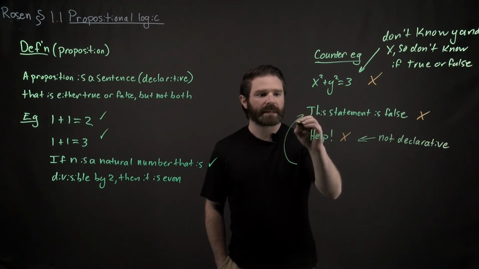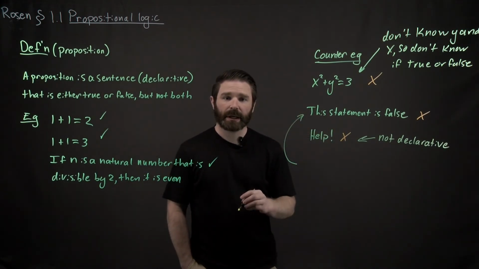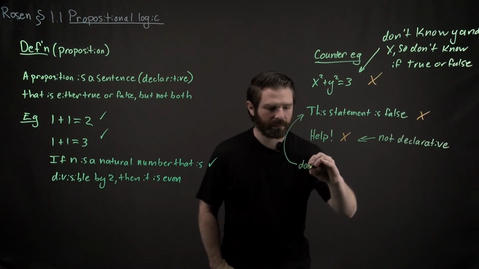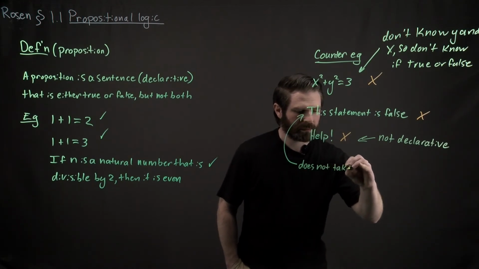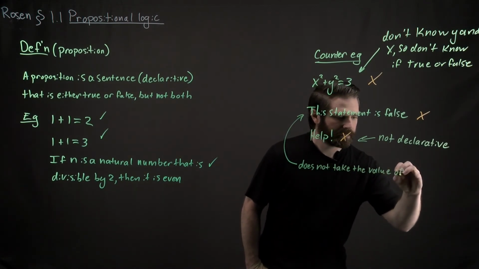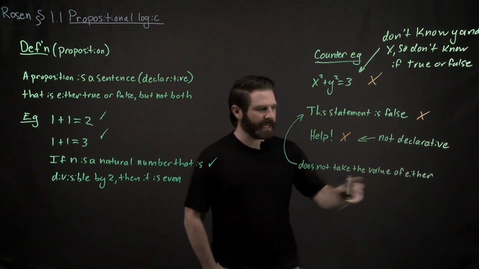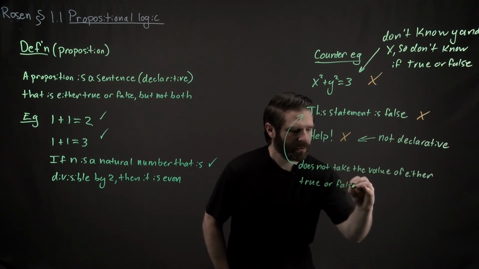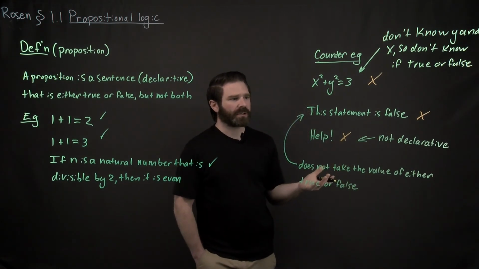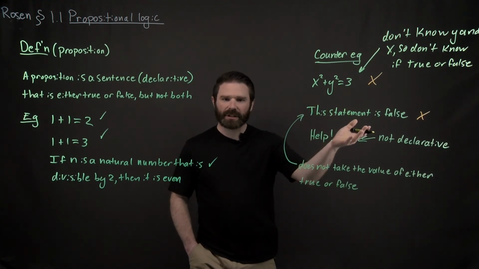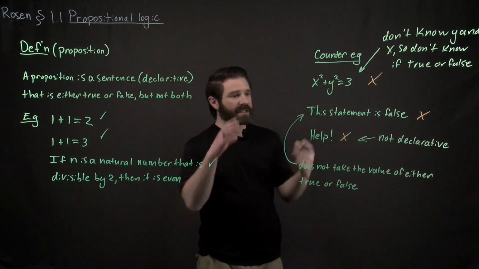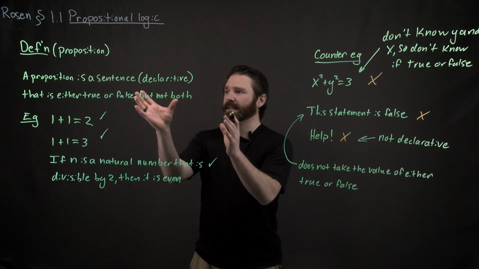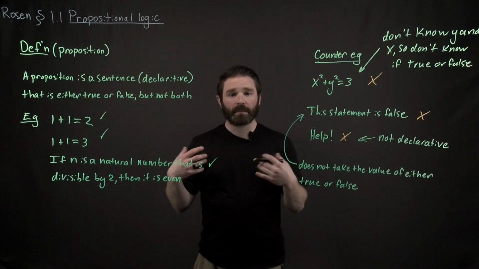The reason why this thing right here is not a proposition is due to the fact that it is not taking on the value of either true or false. Is one of these logical contradictions. It is not a proposition, and that's why propositional logic does not consider statements like this. It is only concerned with declarative sentences that are either true or false, but not both.